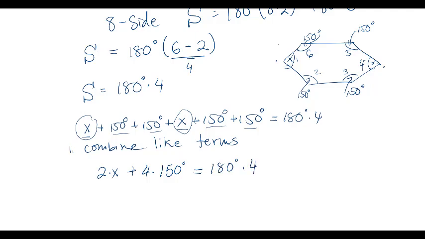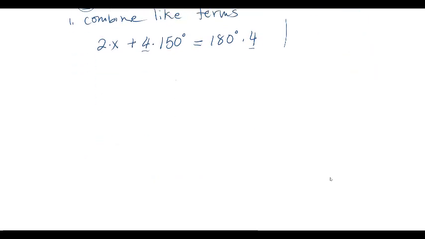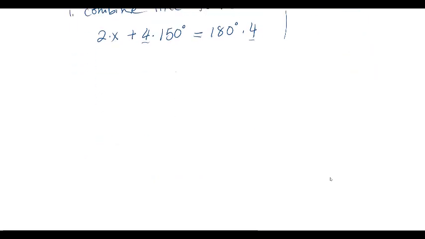Note that I've left it with a multiplier of 4 on purpose, to show you how sometimes if we leave things in a symbolic form rather than calculating the product, it can simplify our work later on. So let's continue. We have 2x plus 4 times 150 equals 180 times 4.